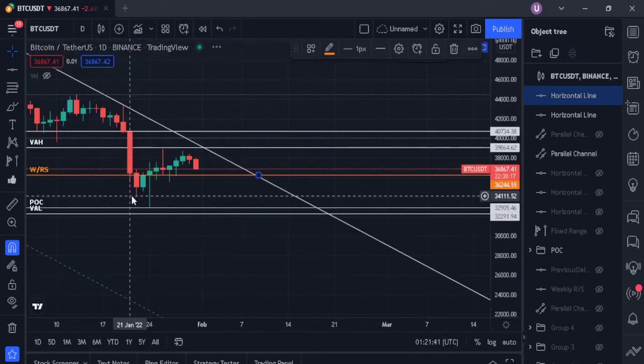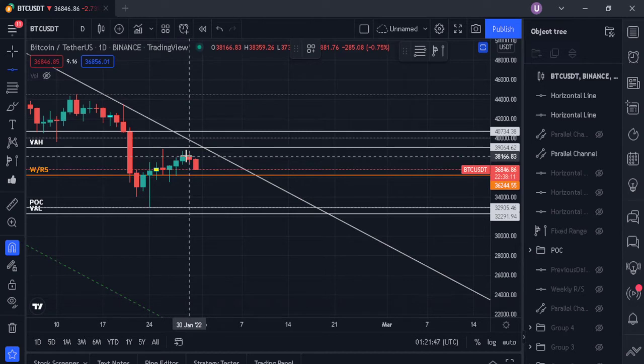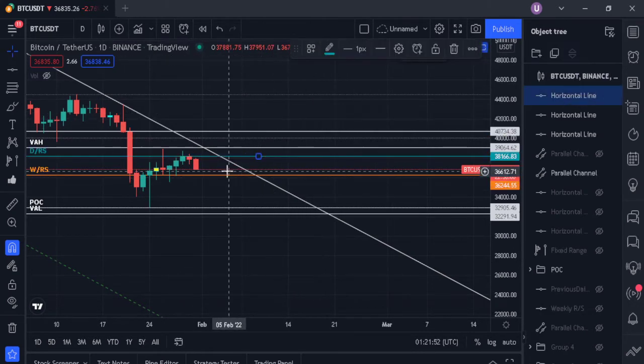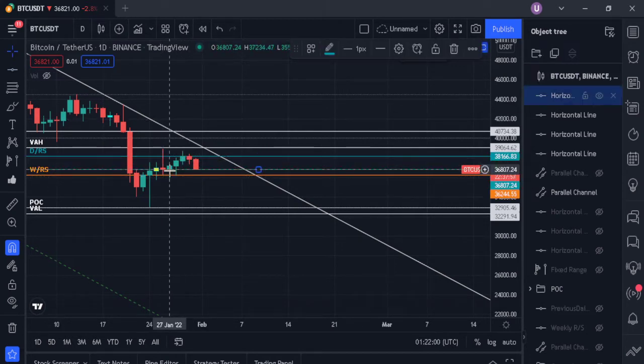Let's go on the daily, see what we've got. We have on the daily, this is our new resistance area, and from previous lows we have this as a support.